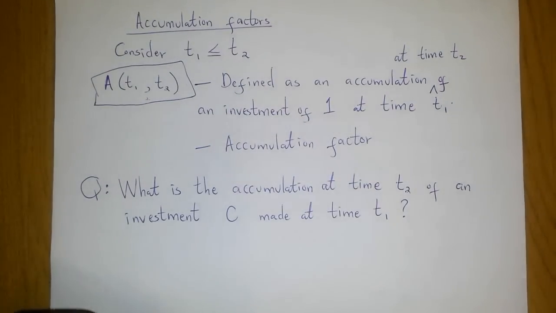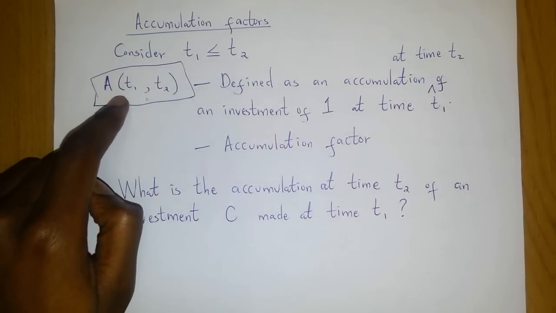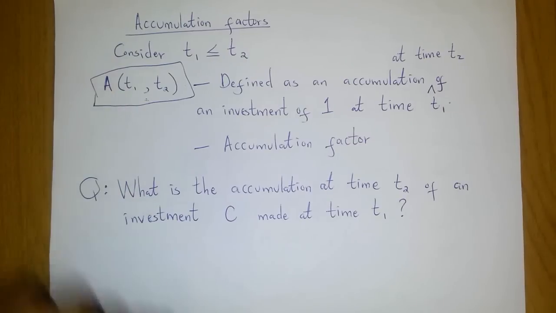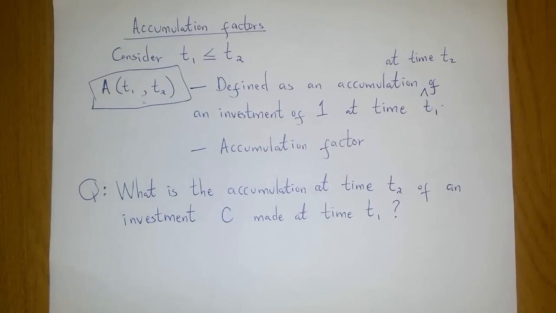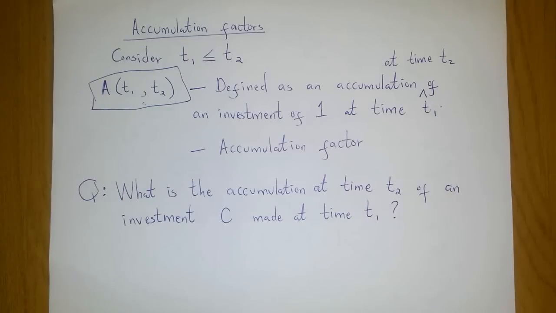So in other words, the bit I just showed you is what is given here, and it's called the accumulation factor. So a question here: what is the accumulation at time T2 of an investment C made at time T1?